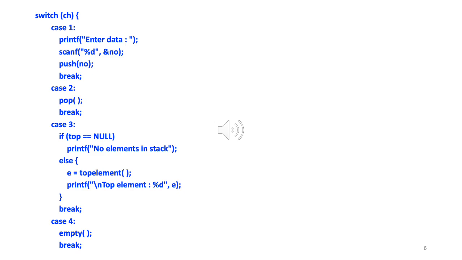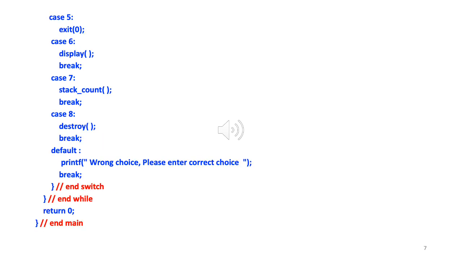And moreover, it will also tell us how many elements are in the stack, which means it will also print the value of count. Every time we are adding an element, we increase count by 1. Every time we are reducing an element, we decrease count by 1. Okay. So empty and then break. So these are the 4 cases.